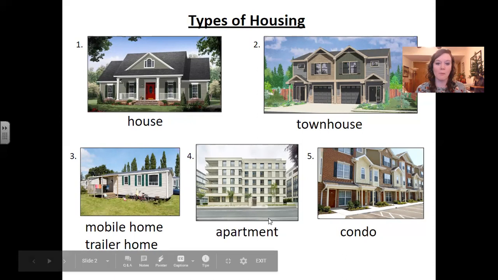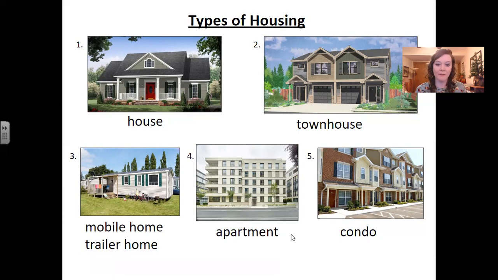Number four, apartment. So this is an apartment building. When you live in an apartment, you have to pay rent every month. So maybe every month, $800.